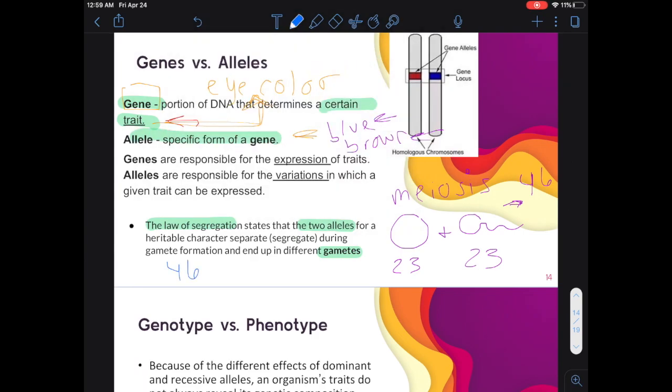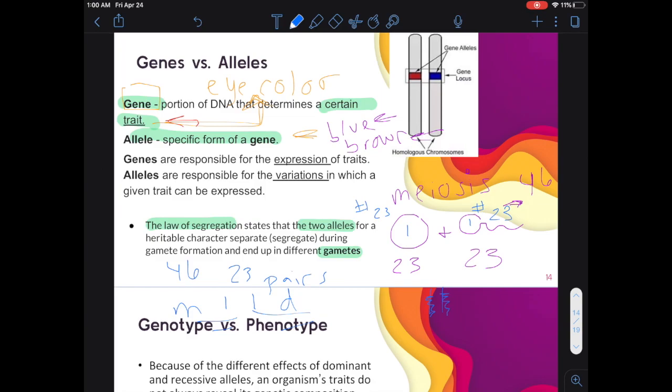You have 46 chromosomes, 23 pairs in your body cells, because you get one from mom, one from dad. You can't get two different alleles for eye color from mom and then two different alleles for eye color from dad, because in meiosis, you're only getting one chromosome. And then those come together, one with the genetic information from mom, one with the genetic information from dad.